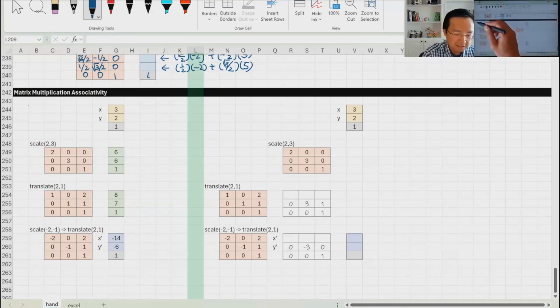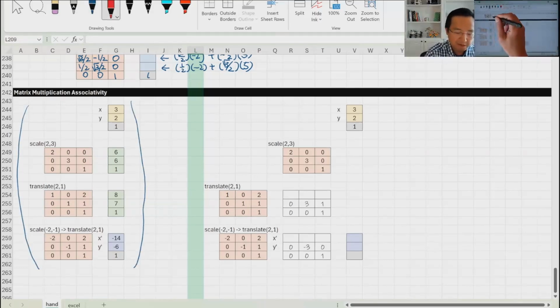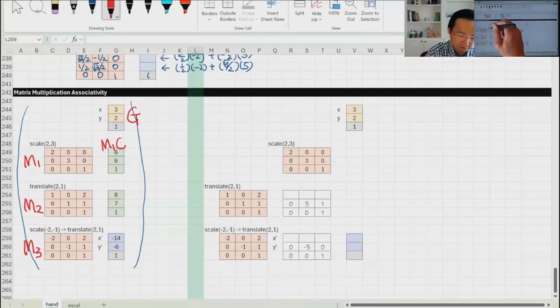So we just did this part by hand, okay? But I'm going to write out the equation. Suppose we have a group of points, but that's one point, right? Just call it G, and these are my 3 matrices for transformation. So this one is M1 times G, okay?